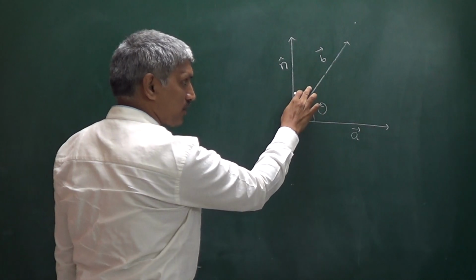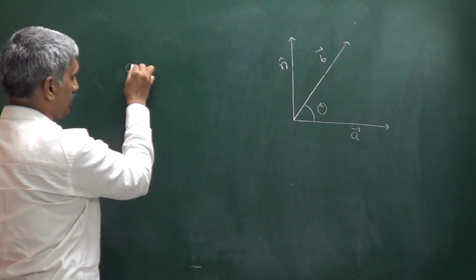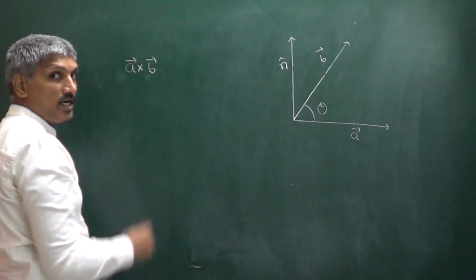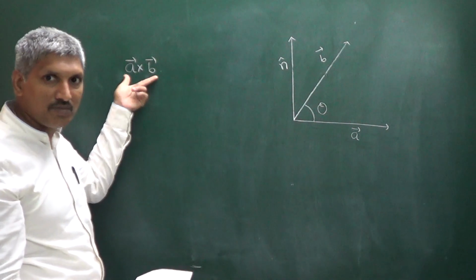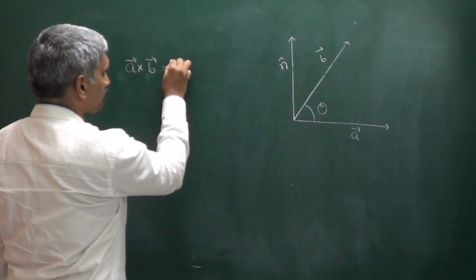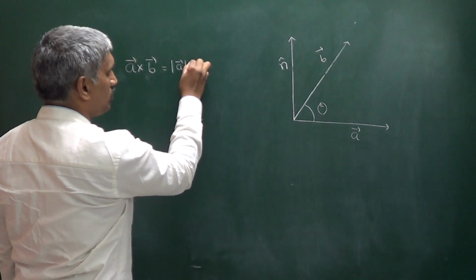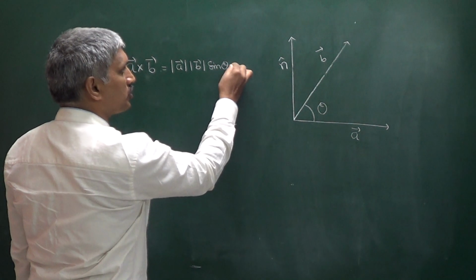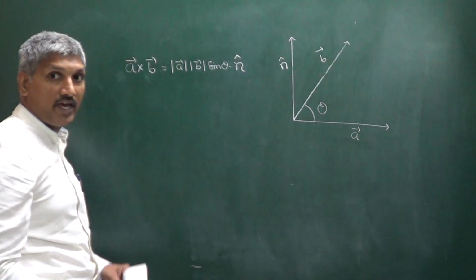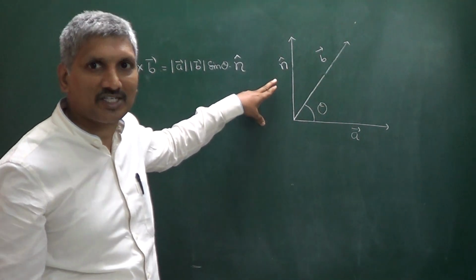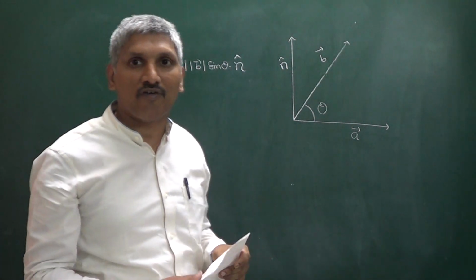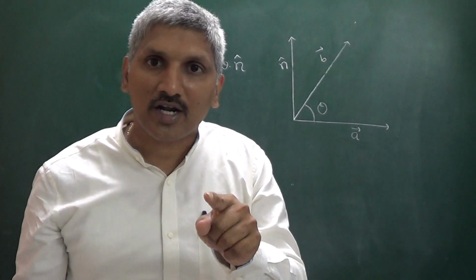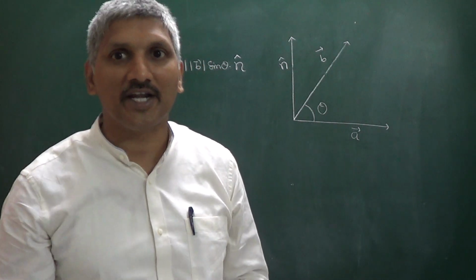Then their cross product, in that order, that means A bar cross B bar, is denoted by A bar cross B bar and is equal to magnitude of A bar into magnitude of B bar into sine theta into n cap, where n cap is a unit vector perpendicular to the plane of A bar and B bar, in such a way that A bar, B bar, n cap form a right-handed system.